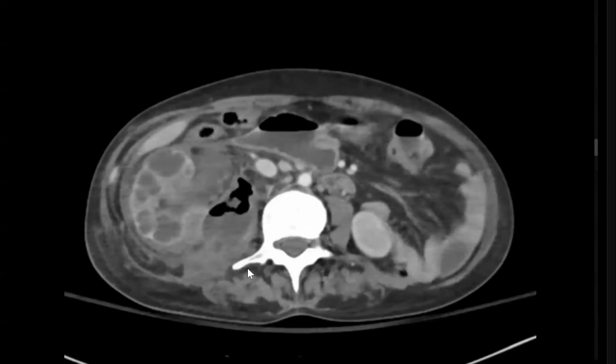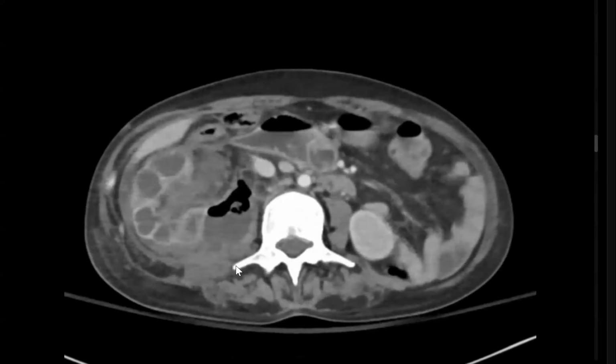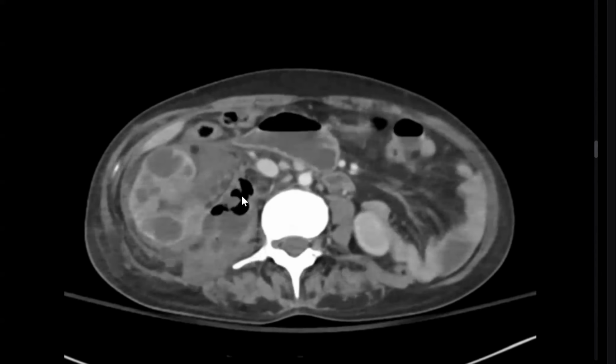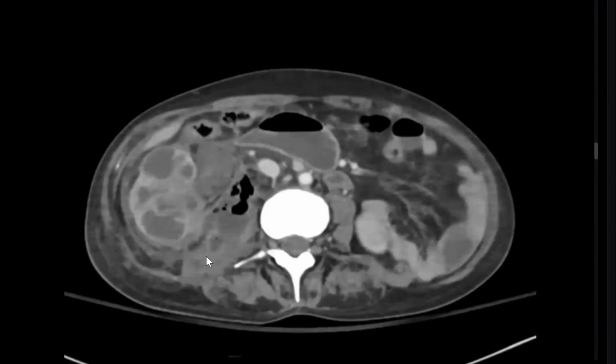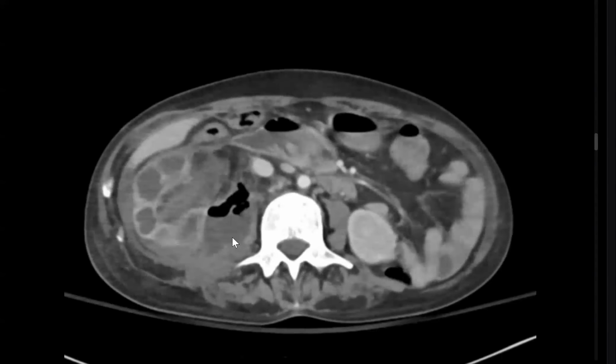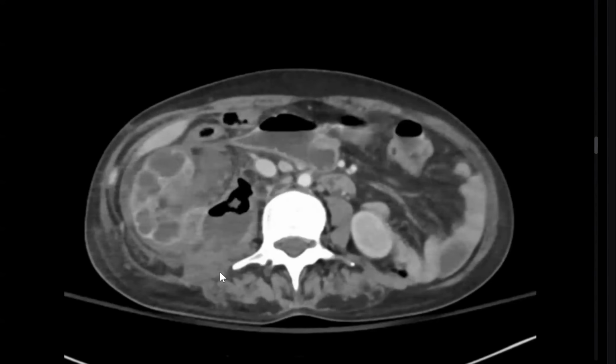There is also dilatation of the pelvicalyceal system, moderate dilatation, and the air is seen extending into the right pelvis. Or is it a fluid collection within the parenchyma?